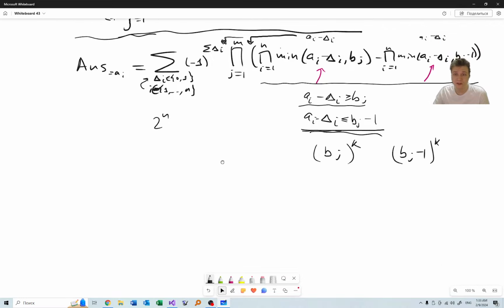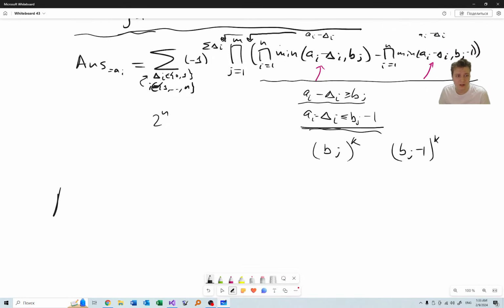Okay, let's try to rewrite it. So the answer of the a_i's equals the sum over all deltas. Then we consider, okay, let's write it as j equals 1 to m.